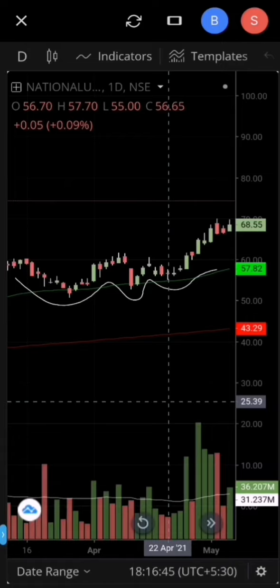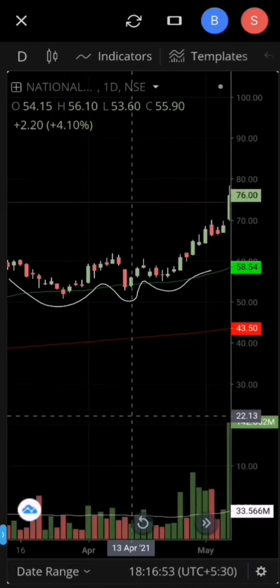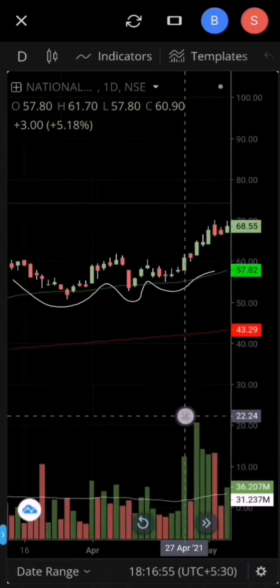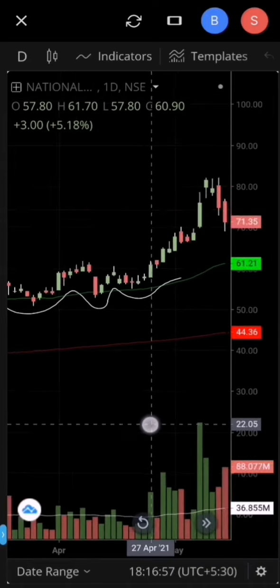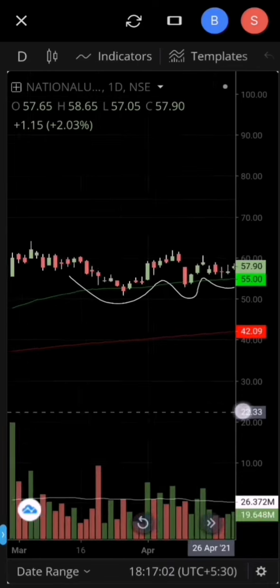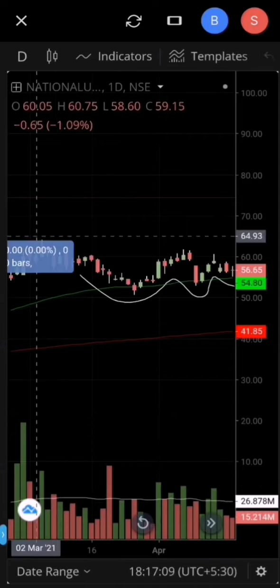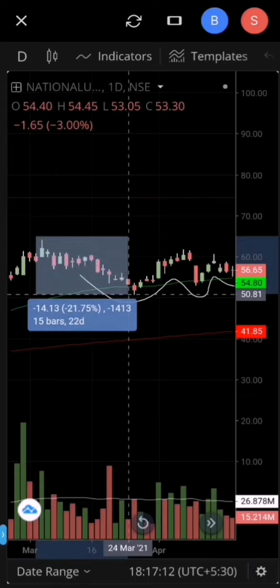This is the National Aluminium stock, and this VCP pattern was developing during the month of April, and in May it had its run. If you could see here, the price had started contracting in April from say 64 to 50, that is 21.75, roughly 22% it contracted.